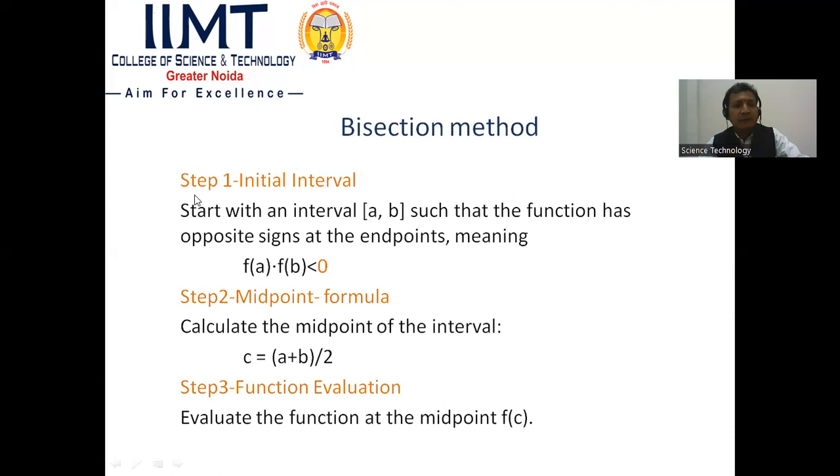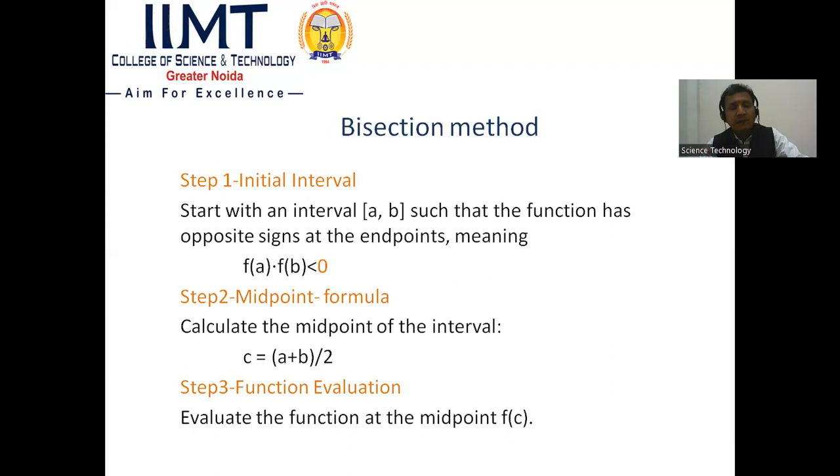Then in first step, we have to decide an initial interval. So we will start to choose an interval [a, b] such that in that interval function has opposite signs at endpoints, meaning f(a) into f(b) is less than 0.